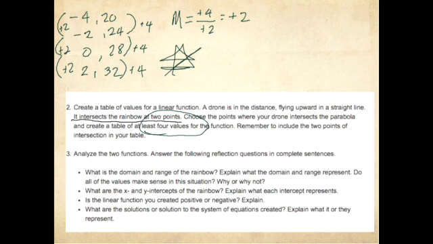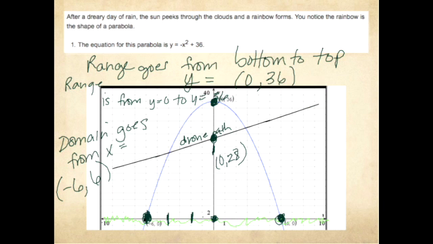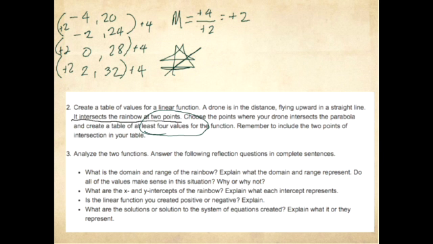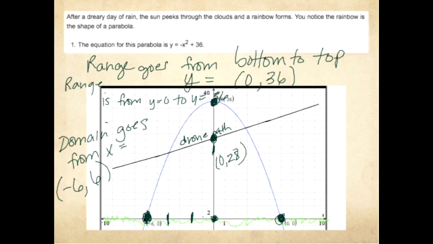And then what are the solutions to the system of equations that you created? Oh dear, well, I deleted it. I erased it. But those first 2 ordered pairs in my chart are the solutions. The solutions would be, where does the drone hit the rainbow?